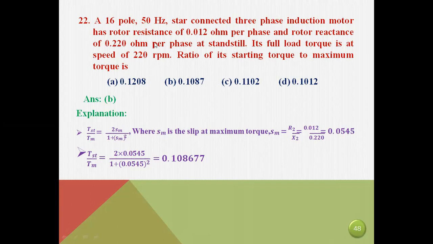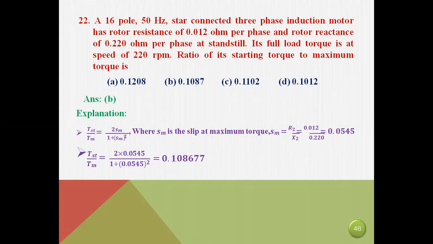Its full load torque is at a speed of 220 rpm. So here they have given the full load speed, and the ratio of its starting torque to maximum torque. So we have the equations for the starting torque and the maximum torque, because the torque equation depends on reactance, resistance and the slip.